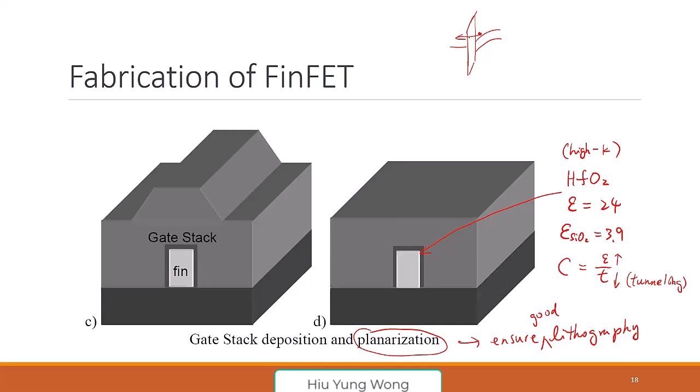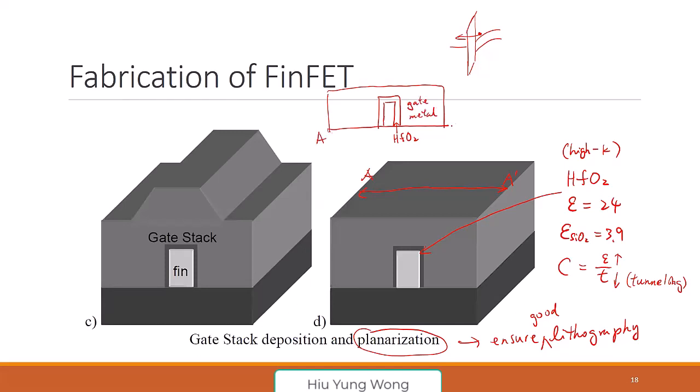So let me just draw a cross section so you know what's going on here. Basically you have a fin. This is the fin. And then on here you have the high K, hafnium dioxide. And then outside you have the gate metal.